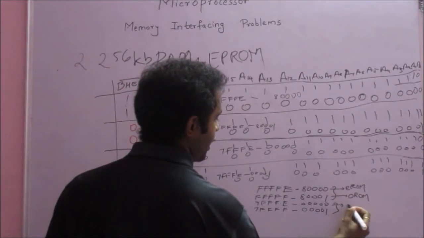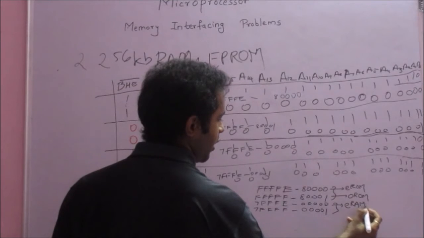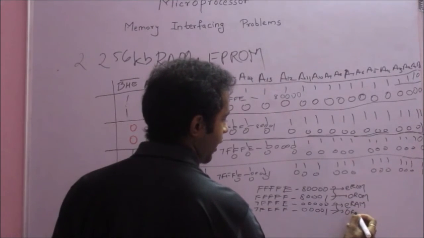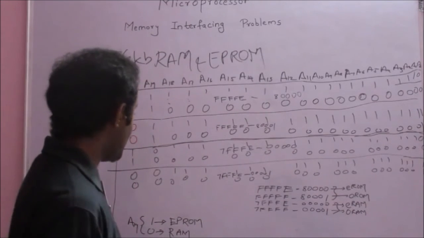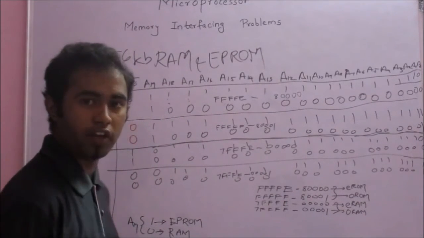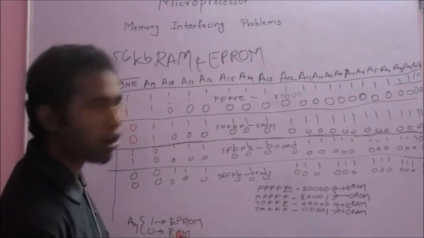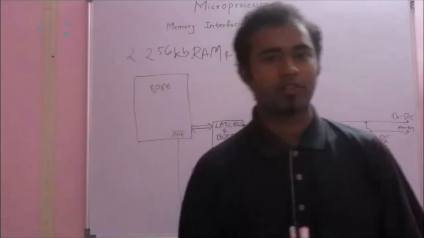This goes like even RAM and odd RAM. This is the address mapping, and now we will see how to interface RAM and ROM with 8086.